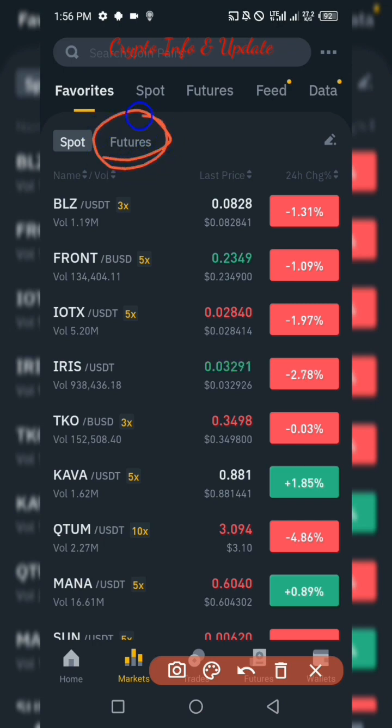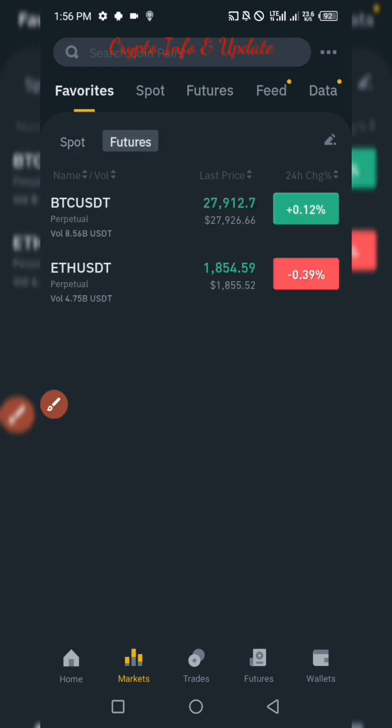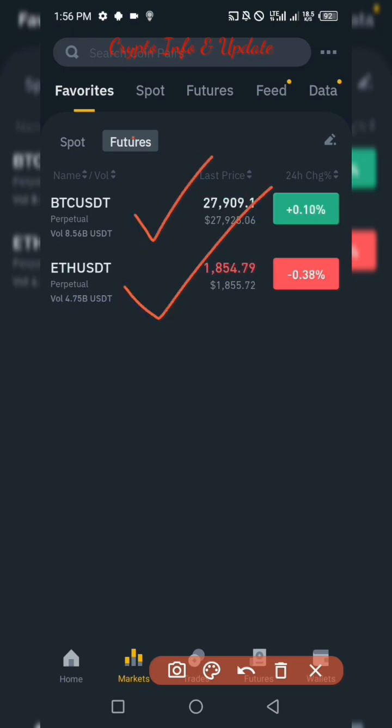Under favorite, you will see that Ethereum and Bitcoin are there. So it means I successfully added both of them as my favorite. I'm just using Ethereum and Bitcoin as a case study. It means Ethereum and Bitcoin are the pairs that I use in pair trading. Do you understand?